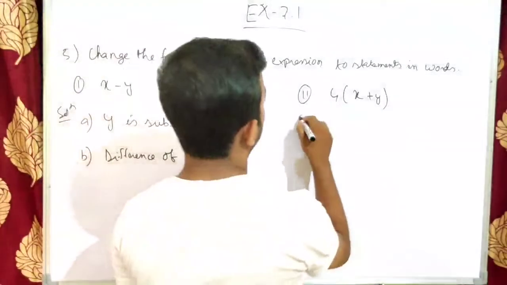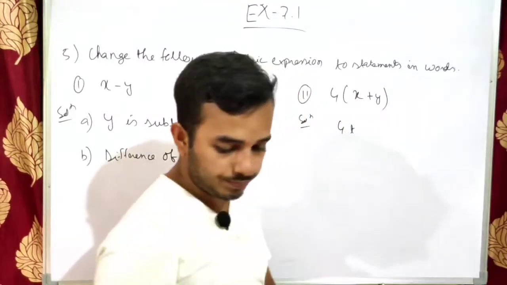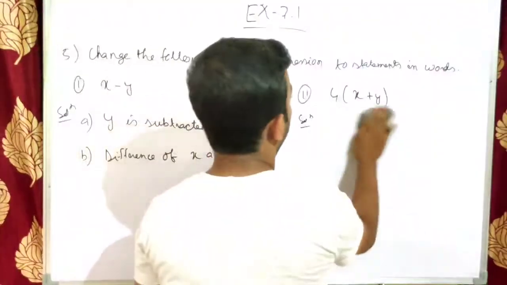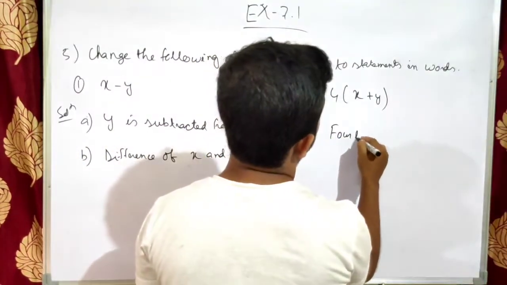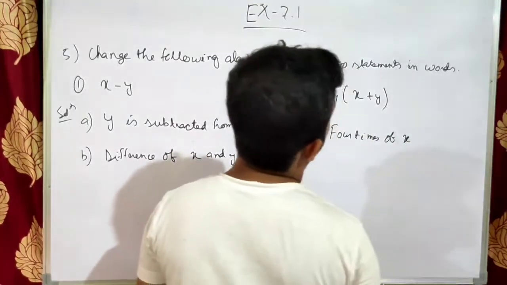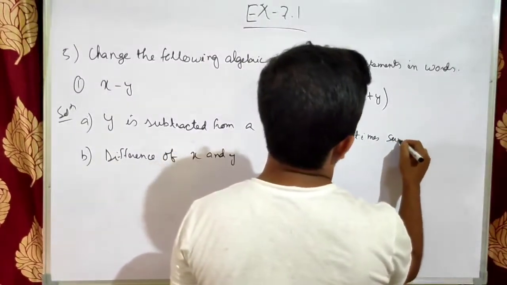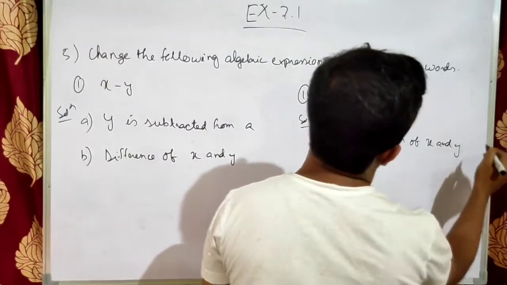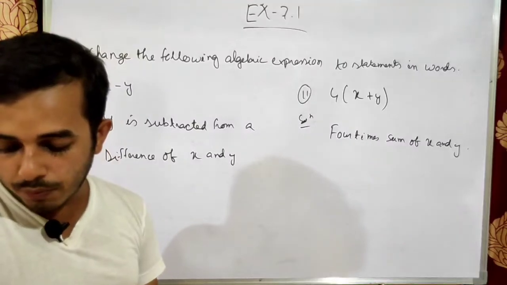So we'll write as the answer: 4 times the sum of x and y. I hope you have understood how to solve such types of questions.